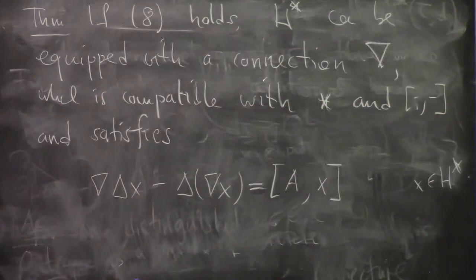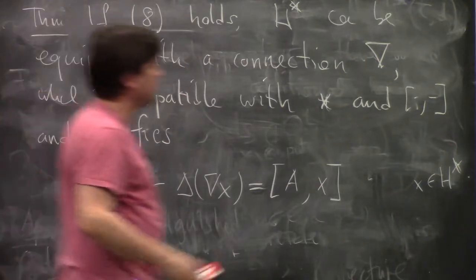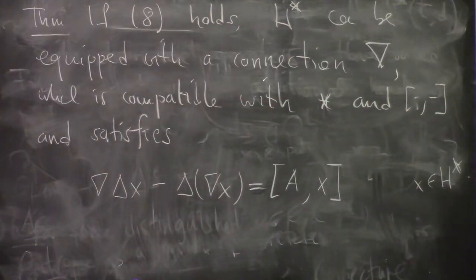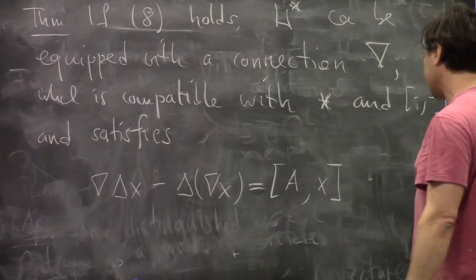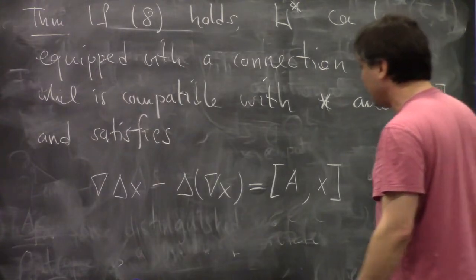So this is somewhat odd. You have a connection that is compatible with the product and the bracket, but it's not compatible with the BV structure. Instead, the BV structure changes in this well-measured way.